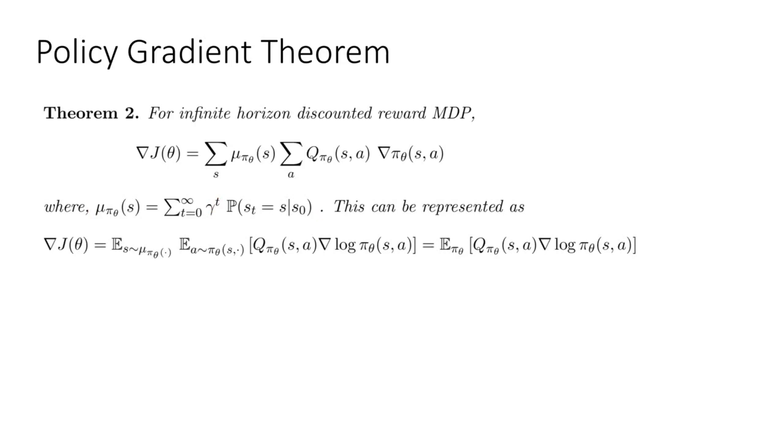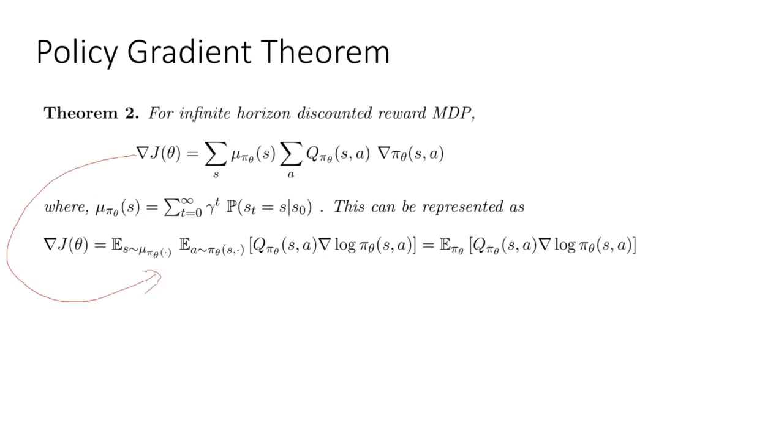So this mu pi theta of S is essentially nothing but a representation of your stationary distribution in the discounted scenario. So from now onwards, I'm going to treat this as the stationary distribution induced by the policy, mu pi theta. Okay. So now, given that representation, I can write this more efficiently like this.